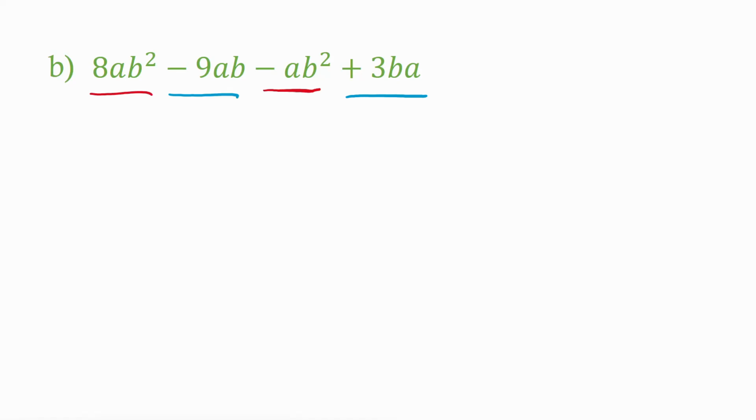You've got to think of it like we have 8 lots of ab squared at the front and then we're taking away one of those ab squareds, so we actually have 7ab squareds left. Then over here, we have negative 9ab plus 3ab, so we end up with negative 6ab.